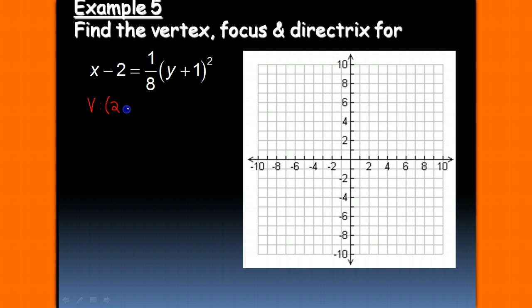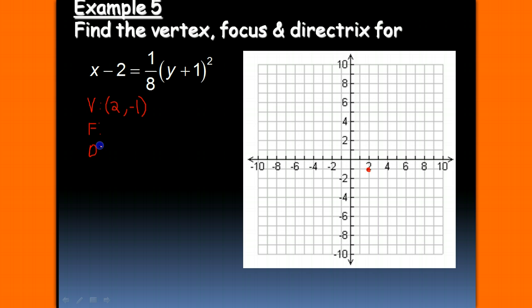Alright, and then we get our y value from this right here, y minus k. And because it's a positive 1 right here, we're going to use a negative 1 in our vertex. Alright, so we can go ahead and graph that. It's going to be 2, negative 1. There's our vertex. Okay, so now we need to find our focus and our directrix.